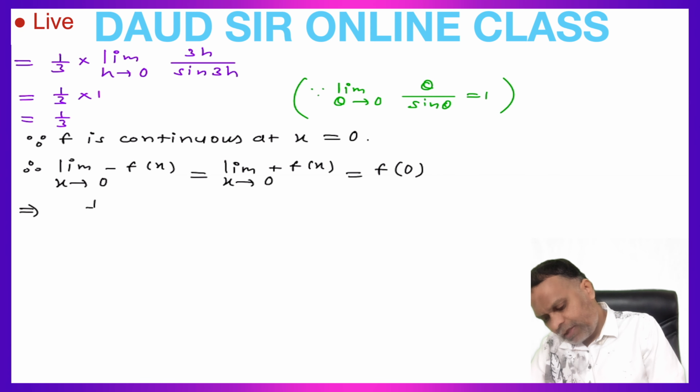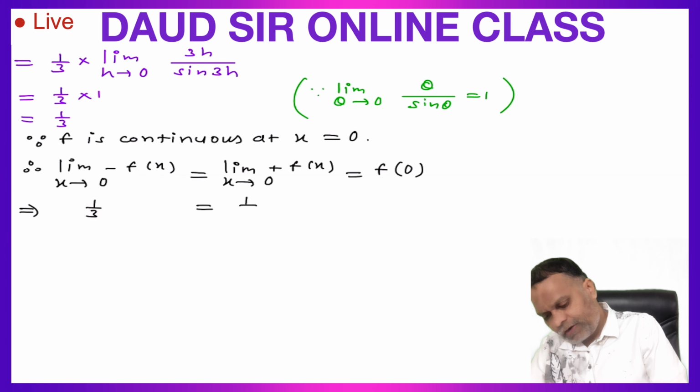Left hand limit 1 upon 3, right hand limit 1 upon 3, and f of 0 is k. So therefore k is equal to 1 upon 3.